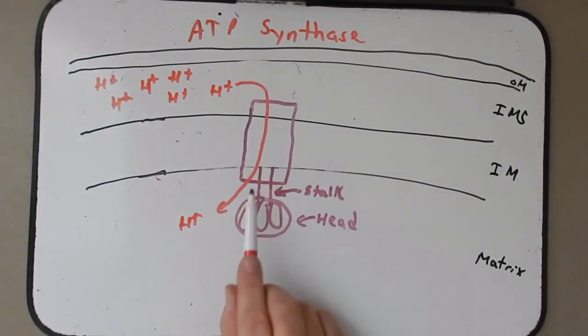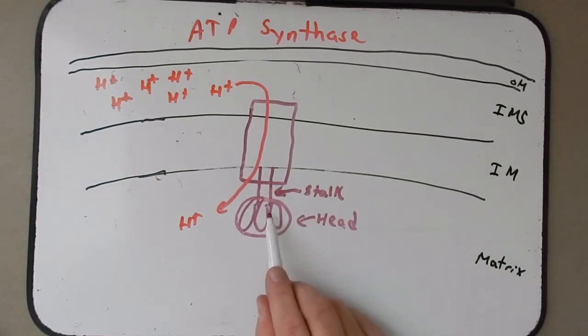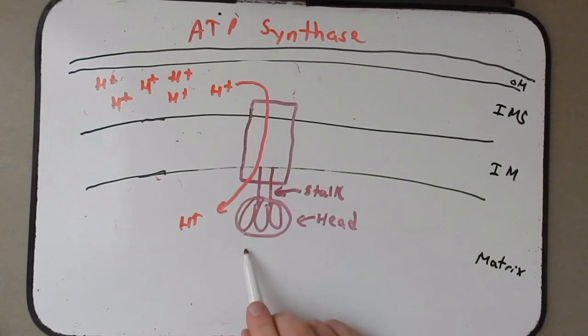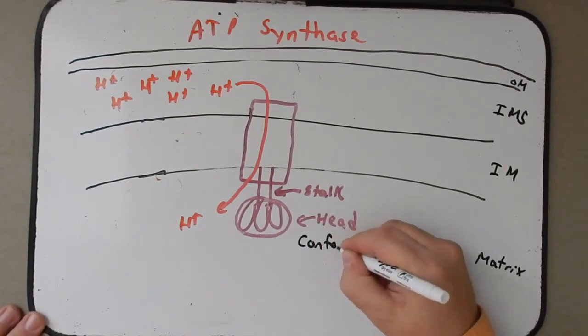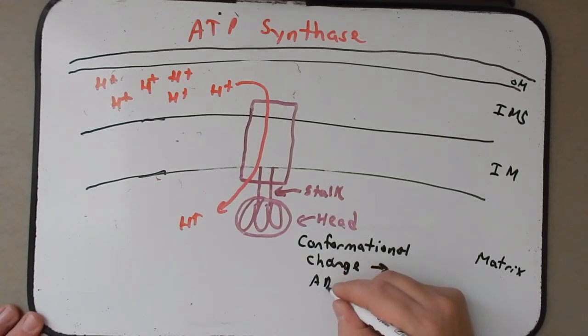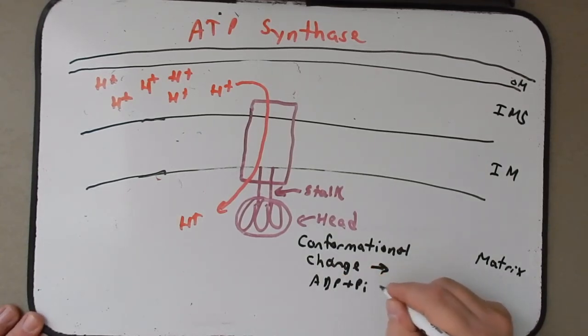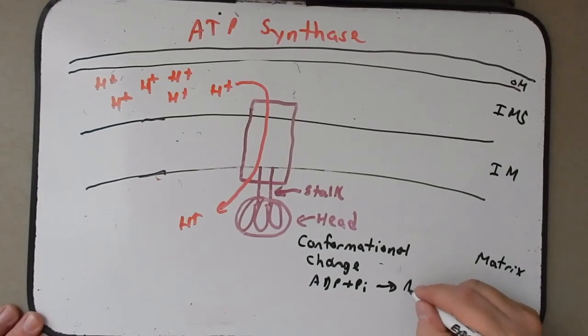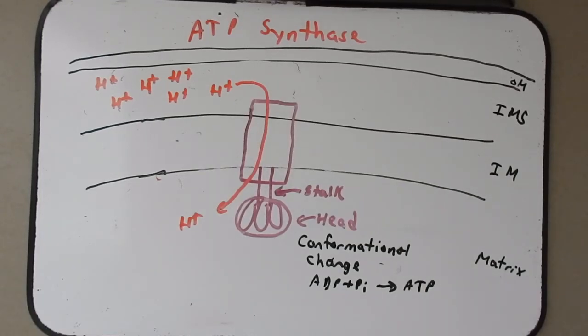In doing so, they spin this stalk rapidly. The head remains stationary, but the stalk that's attached to it will move really fast. As the stalk spins amongst this complex of proteins, these proteins will have a conformational change, which causes this unfavorable reaction, ADP plus Pi, to move to ATP, the phosphorylation part of oxidative phosphorylation.